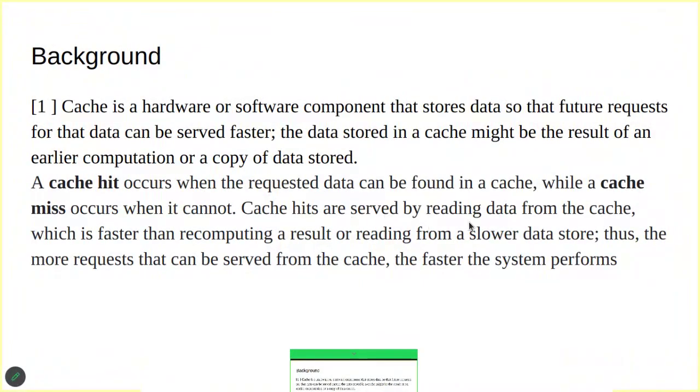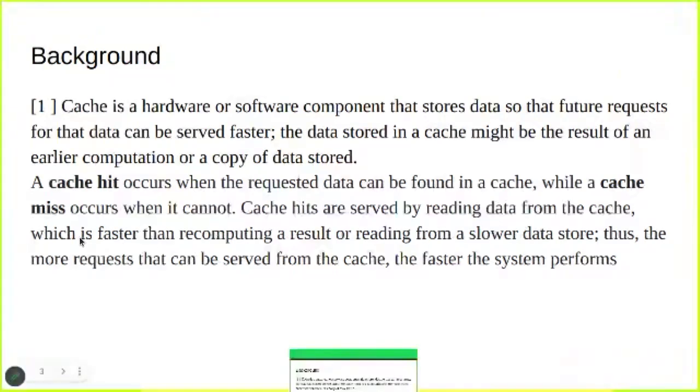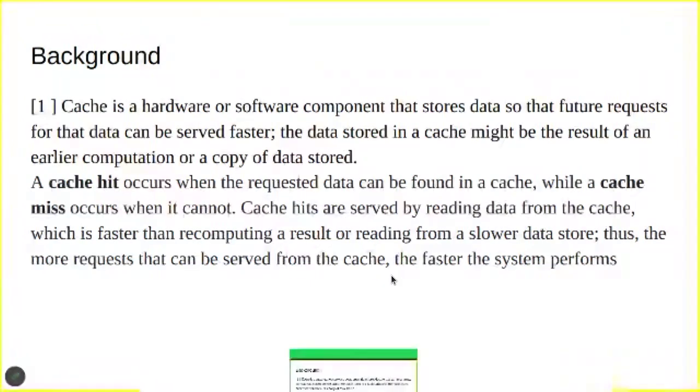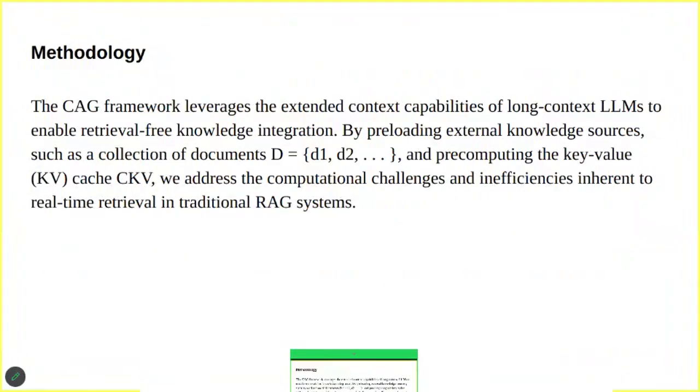So cache hits are served by reading data from the cache, which is faster than recomputing a result from a slower data source. Thus, the more requests that can be served from the cache, the faster the system performs, the better. So if we continue, the CAG framework leverages.